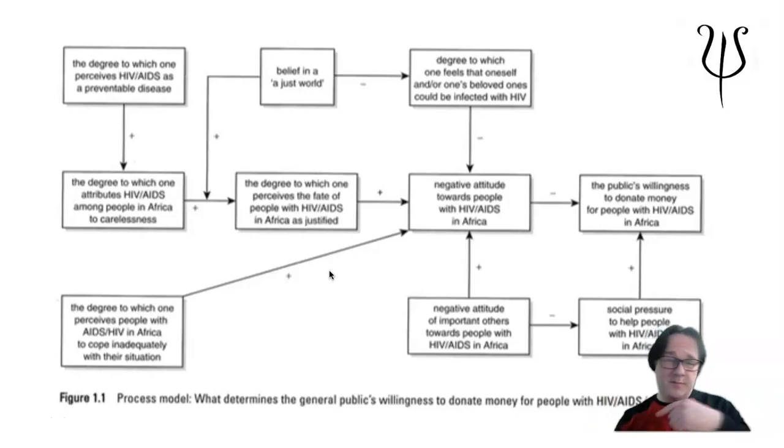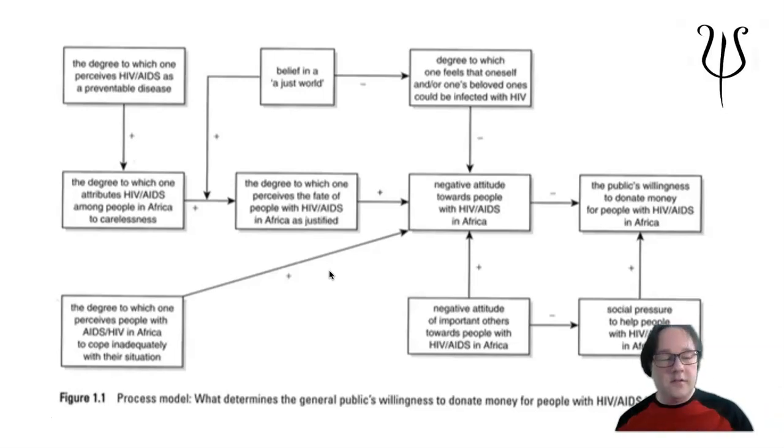Sometimes the relationships between these variables can go both ways. So again, we'll see an example of using this path model in a moment here, actually dealing with this very topic, people's willingness to donate money to people with HIV/AIDS in Africa.